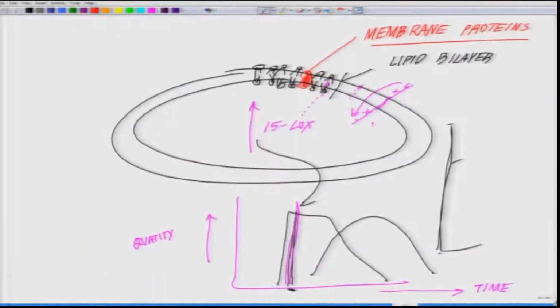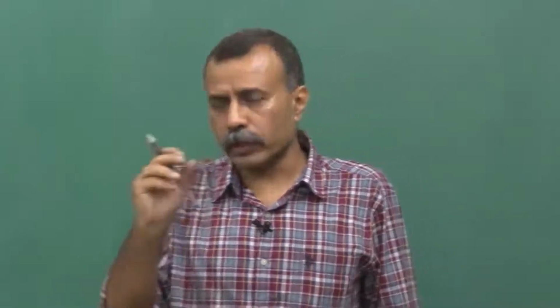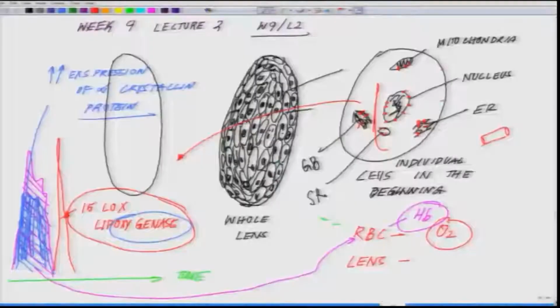As soon as it creates a pore, the internal to external membrane potentials of each one of those organelles are disturbed. Mind it, each one of these organelles has its own potential window to stay. Mitochondria has a different potential window, endoplasmic reticulum has a different one, nucleus has a different one, likewise.